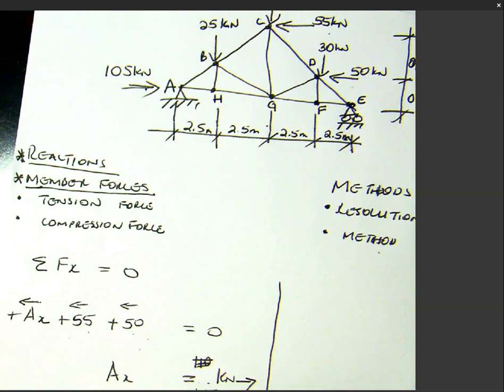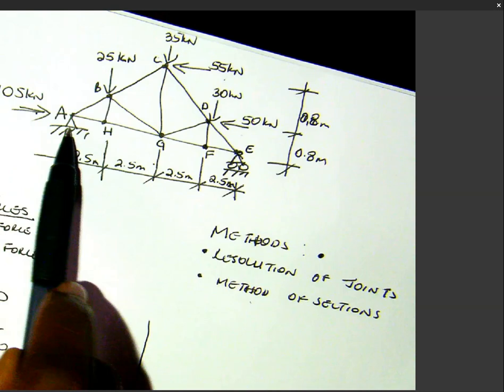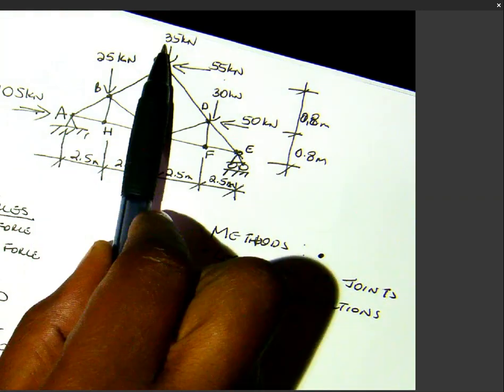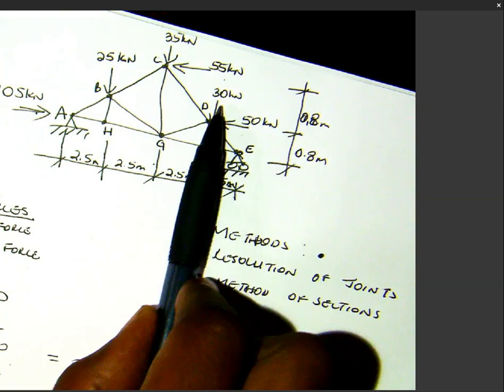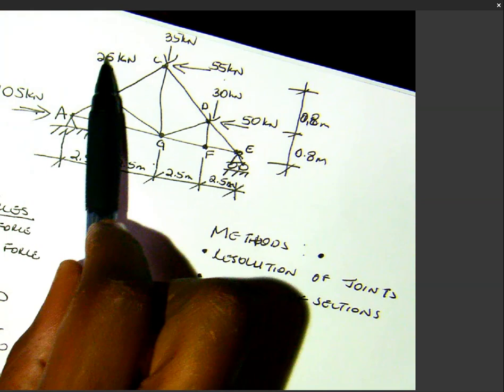Can I use sum of verticals here? I can't, because if I use sum of verticals, I will have an equation that has two unknowns. I'm going to say this is my vertical, this is my vertical. Those are forces applied in the vertical direction. So I'm going to have an equation AY plus EY minus these three equal to 0.